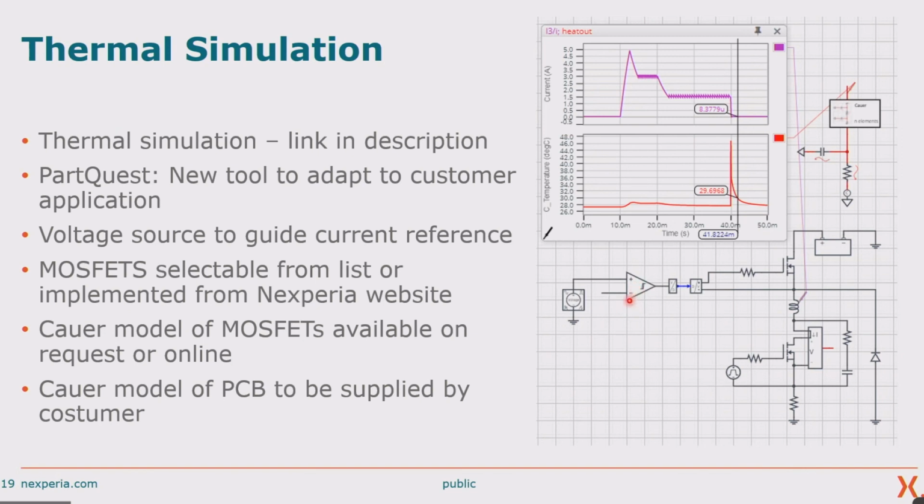And basically it regulates the operational amplifier, which controls the MOSFET so that the current is according to the voltage reference that is supplied to its positive input from this voltage source. So it's a simple feedback loop.